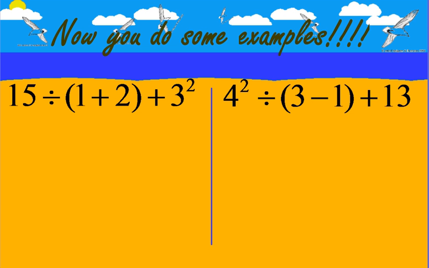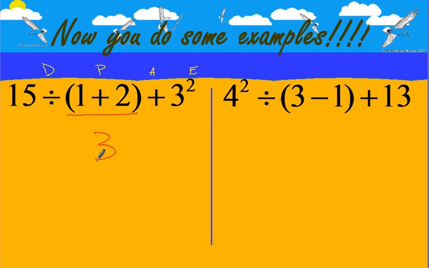I have here a couple more problems that you can work on. The first one here: I have division, I have parentheses with addition inside, I have addition, and I have an exponent. First thing I'm going to do is my parentheses.